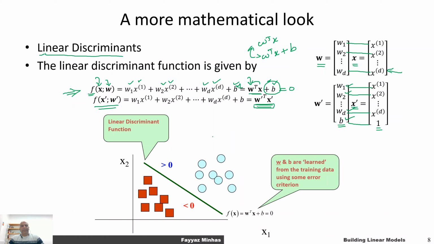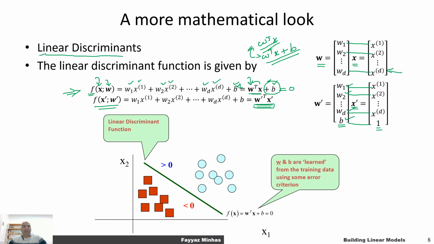So many people in many textbooks don't use this w transpose x plus b form. They just use w transpose x as a linear discriminant. So there's no difference between these two. It's a very subtle point. If you don't want to pay attention to it, that's fine as well. But if you ever come across this and you're wondering where your bias term went, it can be made a part of this weight vector to provide a more compact representation.